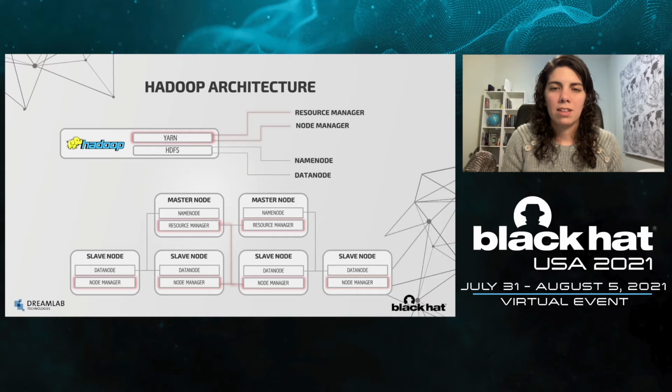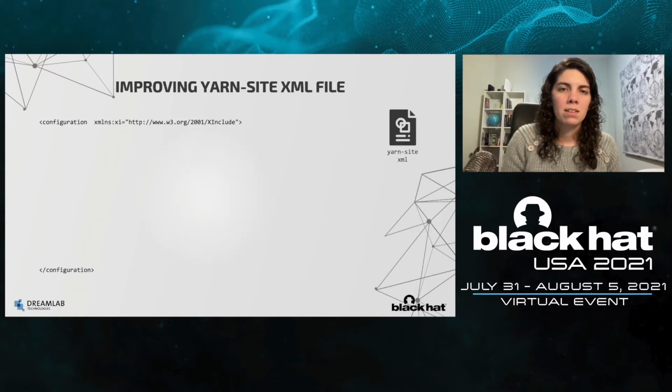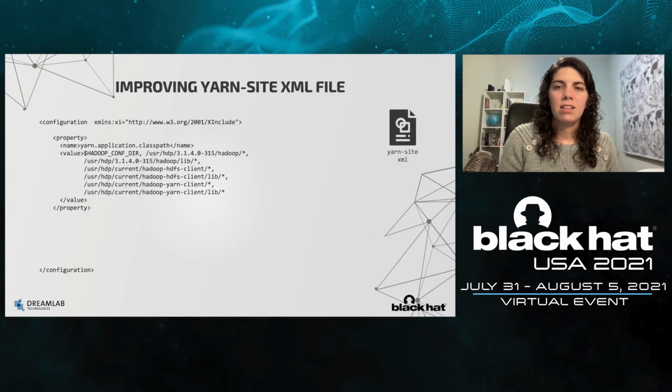And we can use the Hadoop IPC that we were using in the previous attack. It's just necessary to improve a little bit our yarn-site file. We need to add the yarn application classpath property. This path used to be the default path in Hadoop installations, so it should not be difficult to obtain this information.